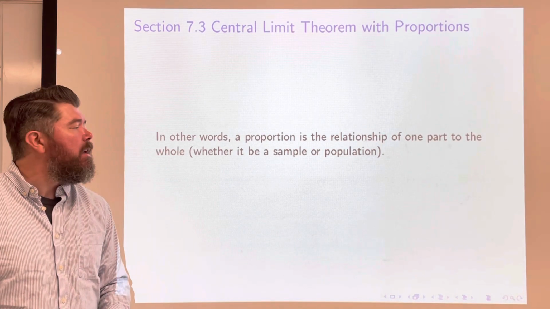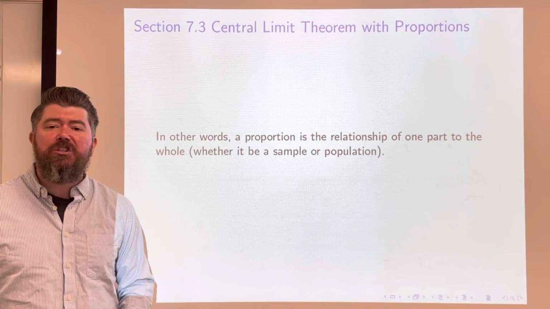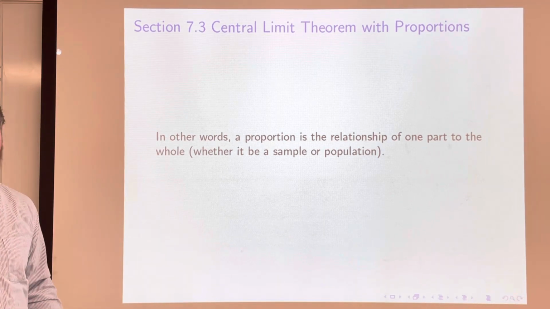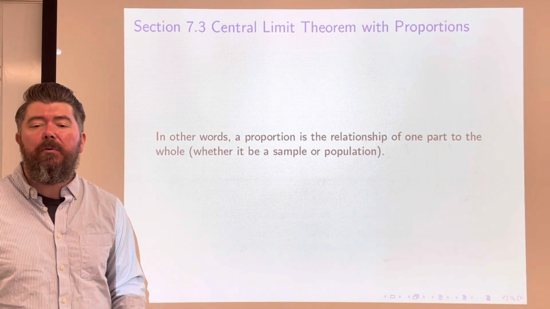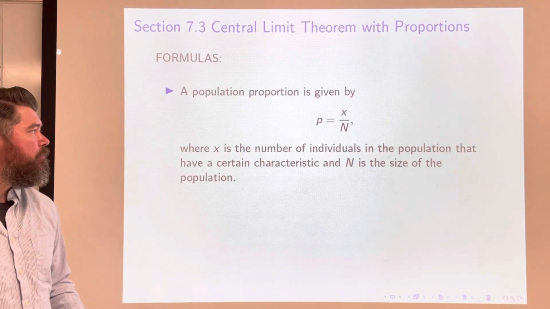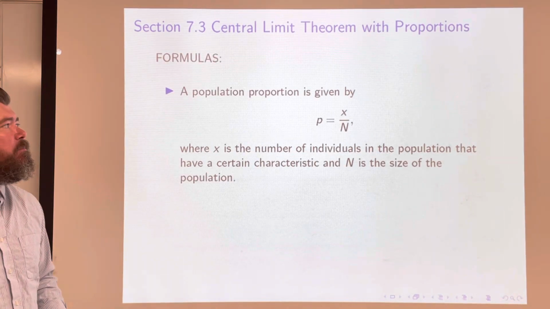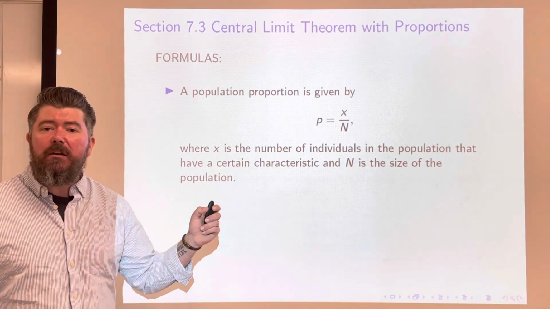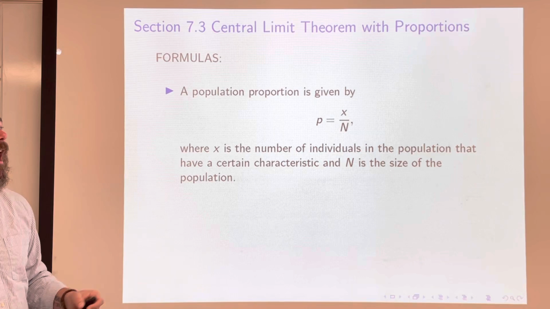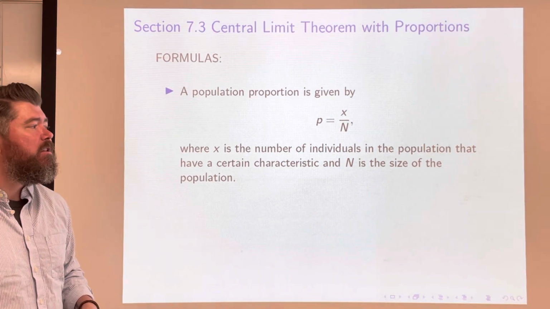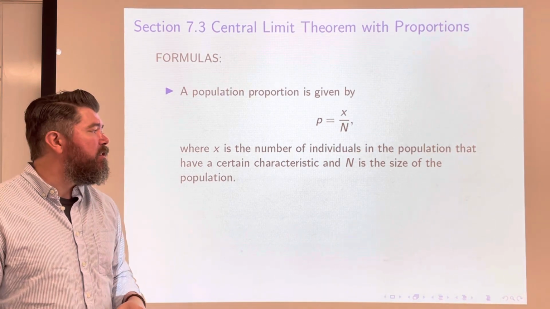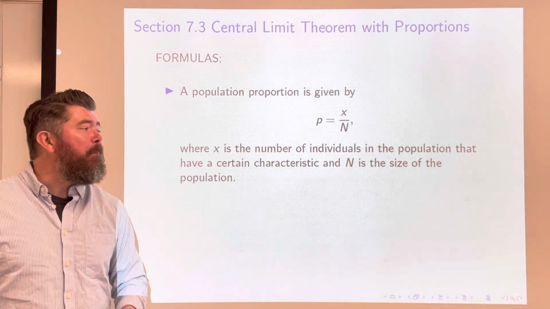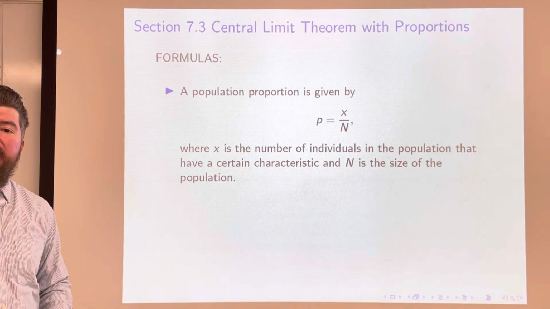In other words, a proportion is the relationship of one part to the whole, whether it be a sample or population. A population proportion is given by P equals X over capital N, where X is the number of individuals in the population that have a certain characteristic, and capital N represents the size of the population.